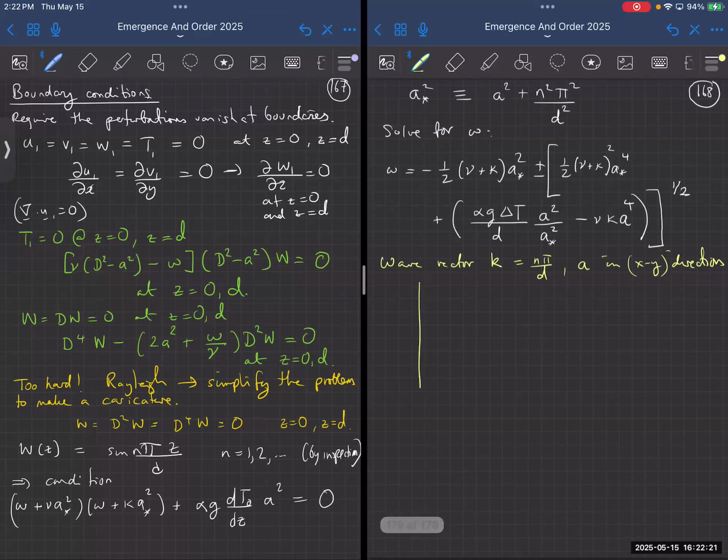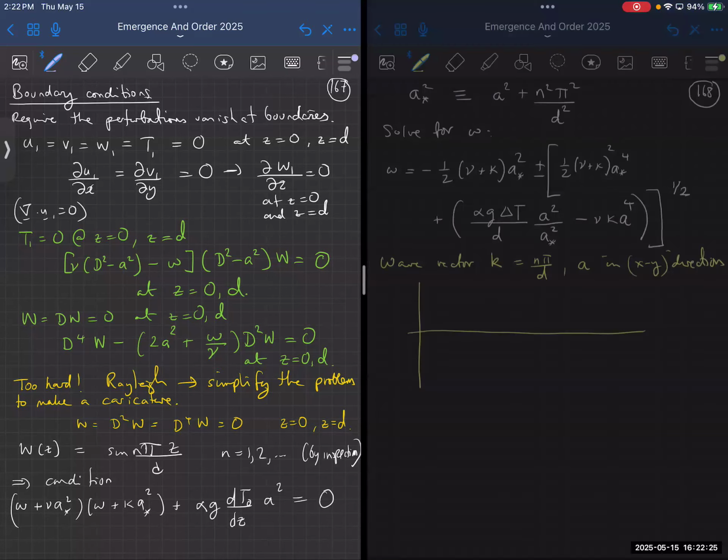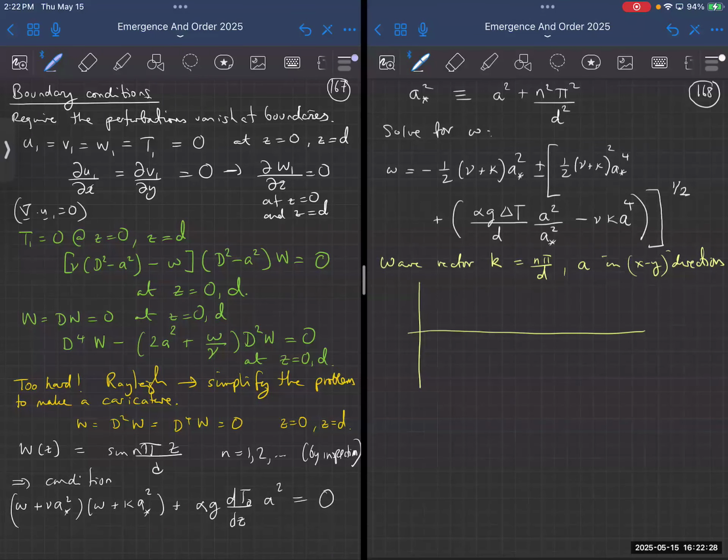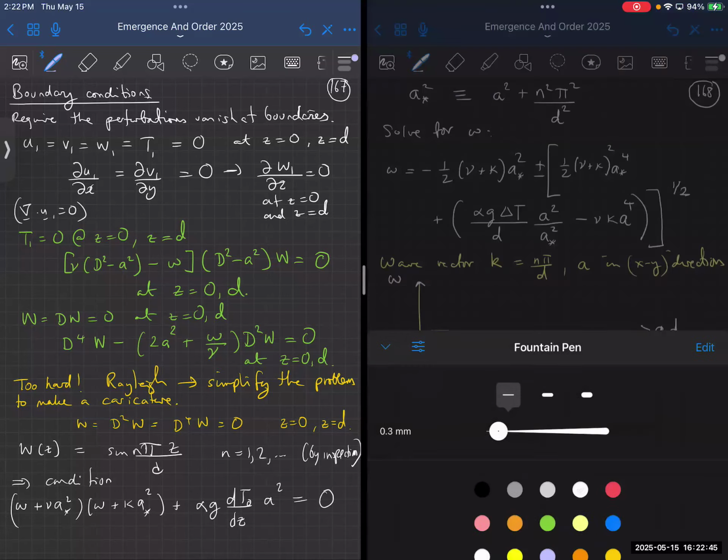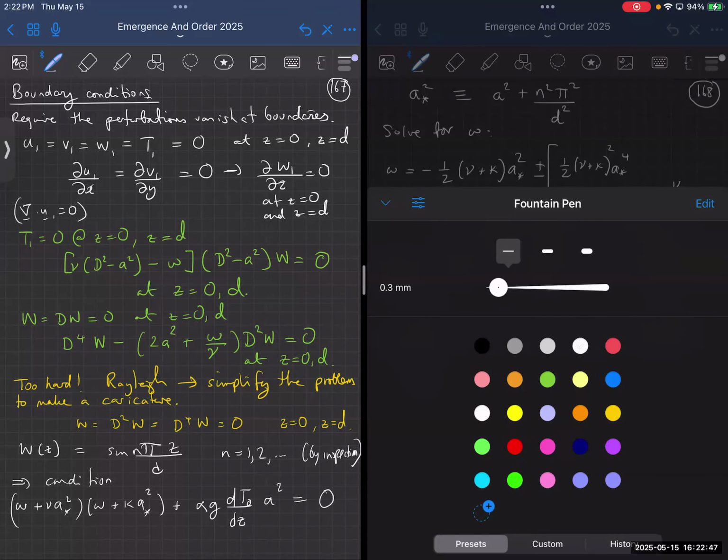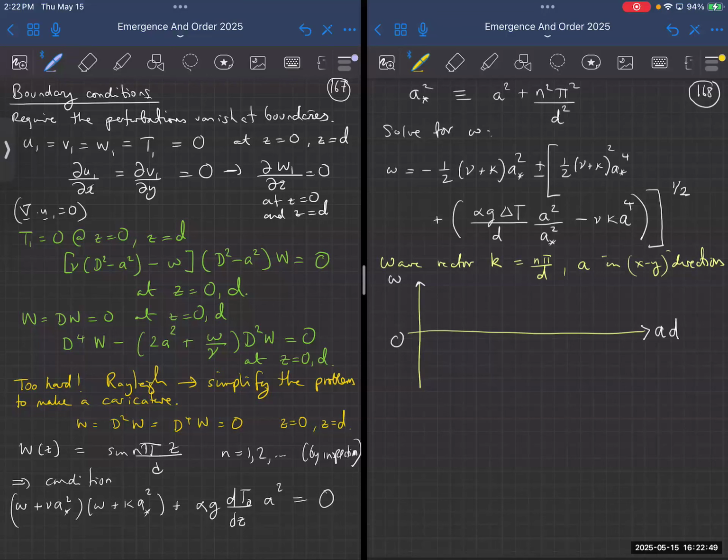So here are our axes. I'm going to plot here a d. So a is like a wave vector. Here I'm plotting omega. This is 0, and I'm going to define a particular number, which I'll call r. I'll define it in a minute. Let me show you what this curve looks like.